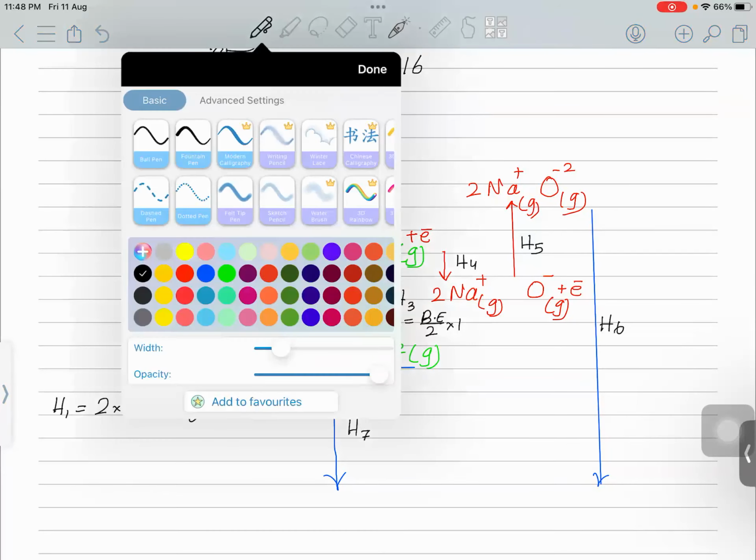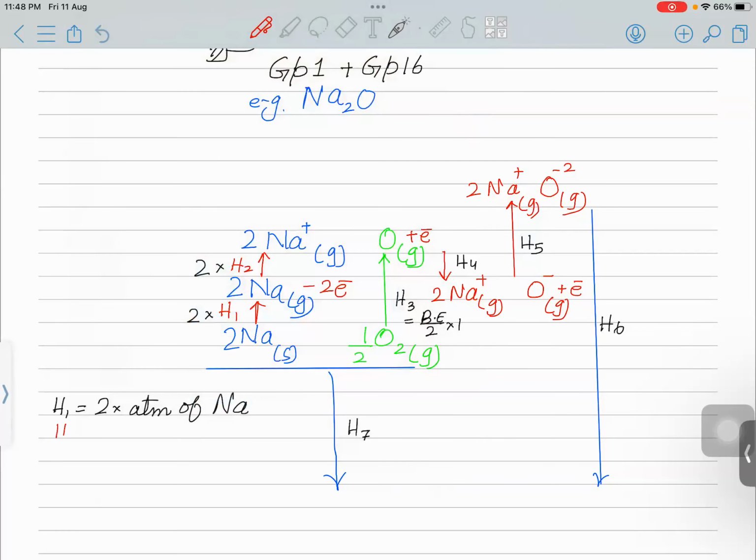What is H2? 2 times ionization energy of sodium. Very good. What is H3? Not 2 times. So atomization of oxygen.